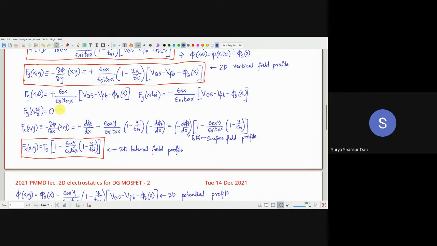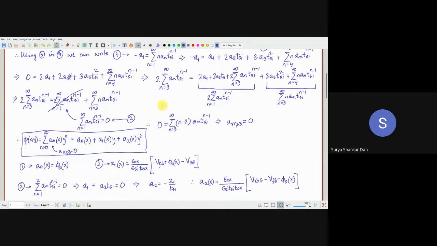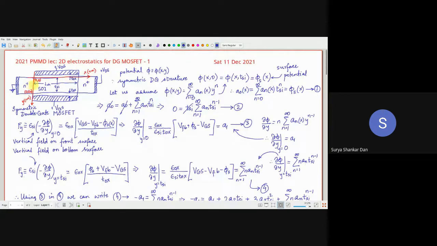Exactly midway in the device. So what does it imply? The field exactly at the center of the device.